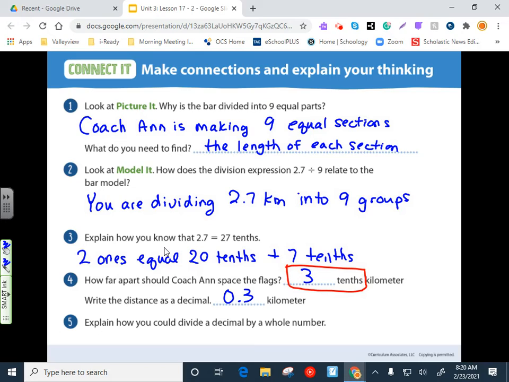Not a lot of space here to write this, so I'm just going to simply put, you can think of the decimal as a whole number. Like we made that 2.7 into 27.